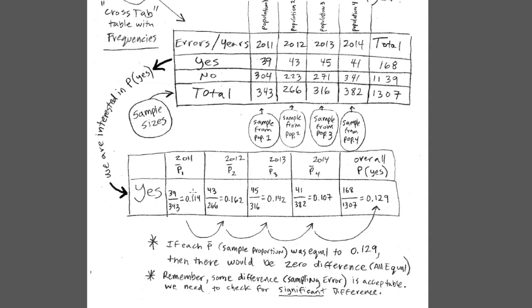In 2011, we sampled and got 11.4% error rate. Then in 2012, I take the 43 divided by the sample size from population 2. And P bar 2 would be 43 divided by 266. That would be the proportion. Wow, 16.2. So we have like 11.4, 16.2, 14.2, and 10.7.